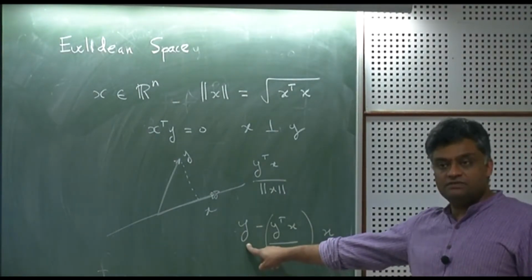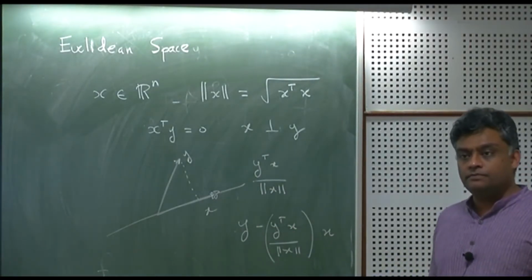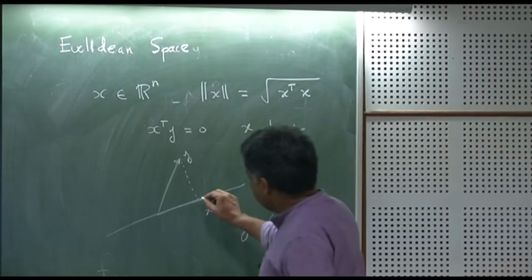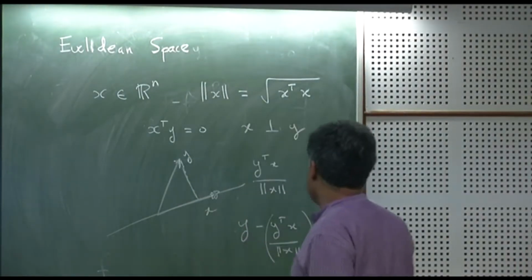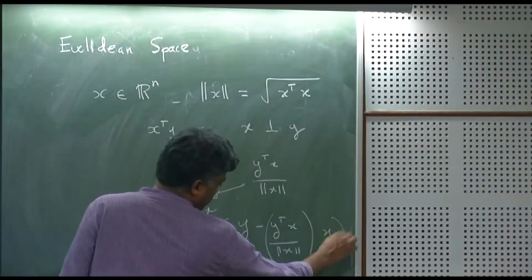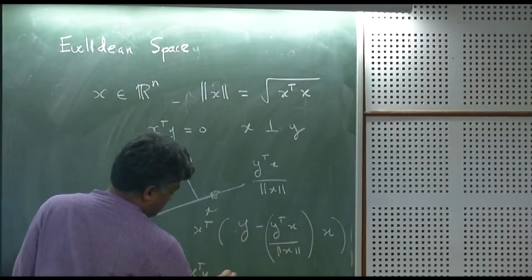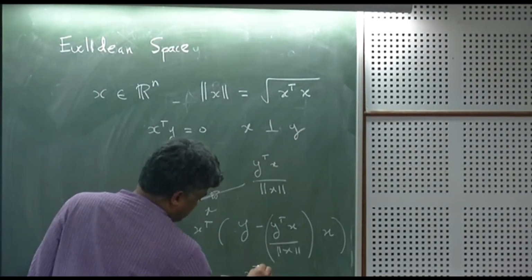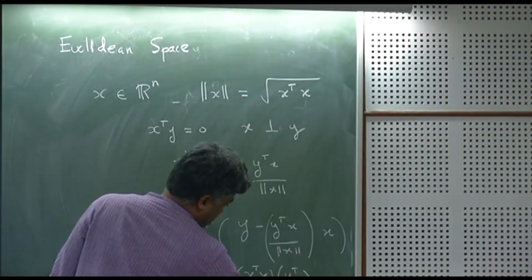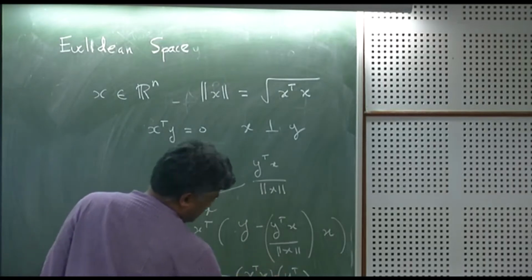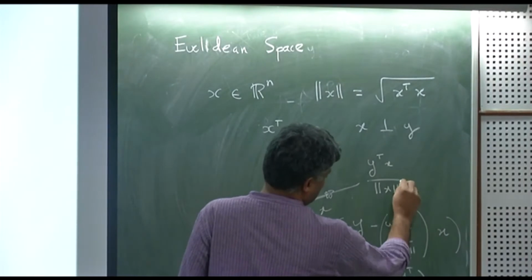Here is Y, the previous vector. So what is this vector now when I've subtracted out the projection? It's the orthogonal vector, right? This one. You can very easily check, because if I take the inner product of this with respect to X, I get X transpose Y minus X transpose X multiplied by Y transpose X divided by the norm of X. So clearly I made some mistake here.